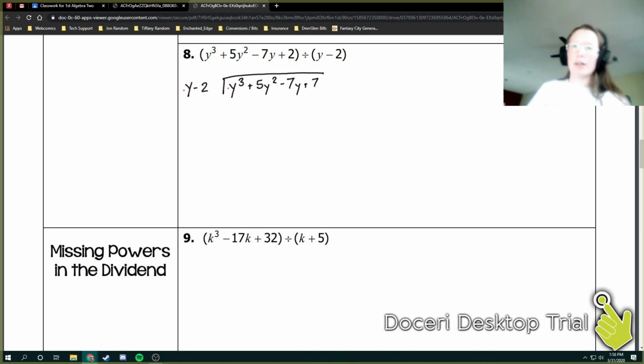First term divided by first term gives me y squared. So I wrote that over the y squared. Now I multiply that through. So I'm going to take y squared, multiply it through y minus 2.